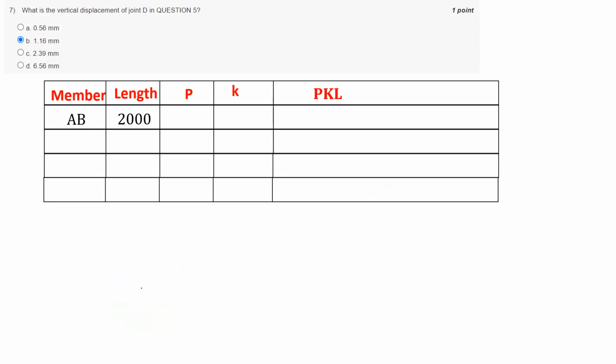So if I plot it, I will plot on this side. And then we have this as AB, then we have this as C, and this as D. So we have AB 2 meter.